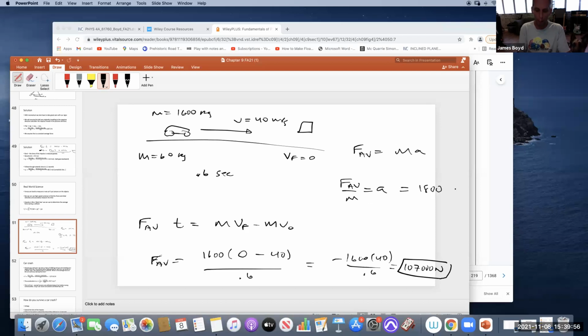Let me make sure that's right. 1,800 times 60, I think I messed that up. Yeah, there's 108. Okay. So you have about 1,800 meters per second squared acceleration. That is insane, right? If I further divide that into g's, so divide that by 9.8.